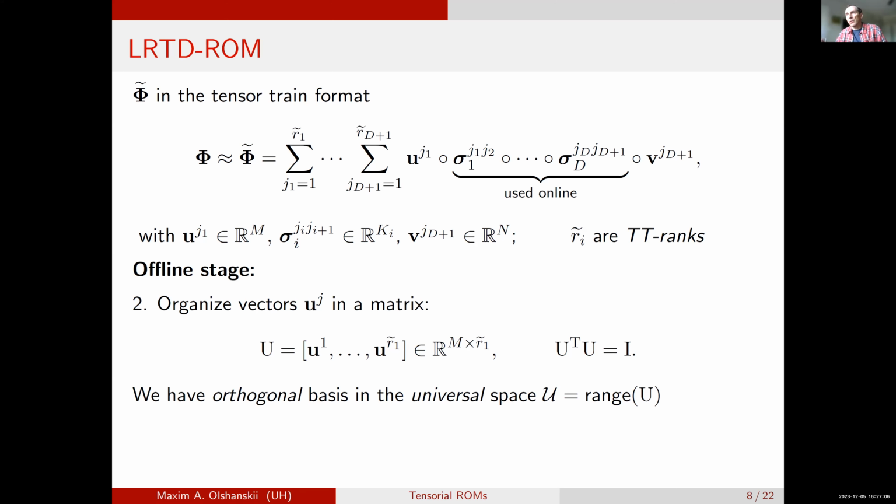In other circumstances, this would maybe be our POD space, but the dimension of the space can be rather large and we want to reduce it further. Now on the online stage, we want to find our alpha specific information within this universal space.